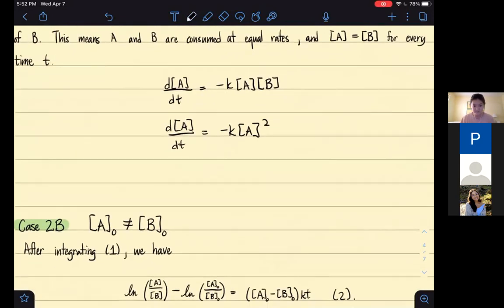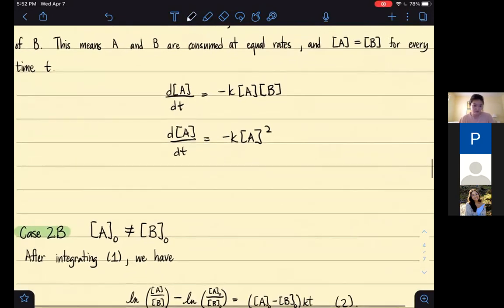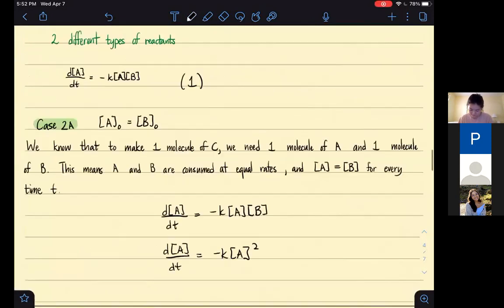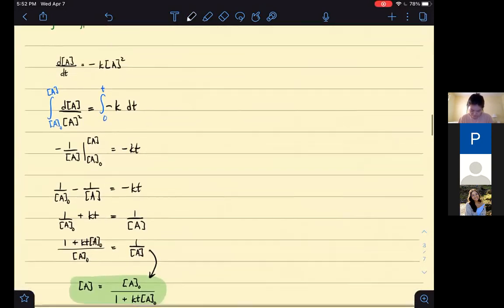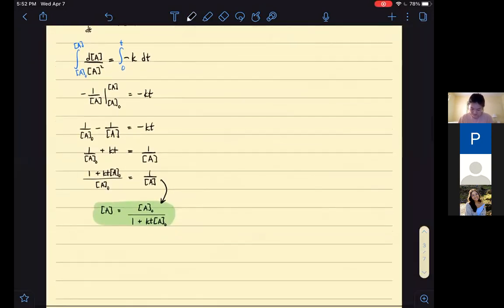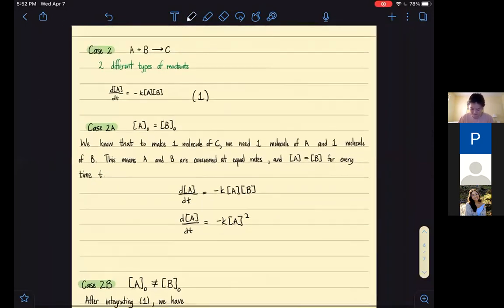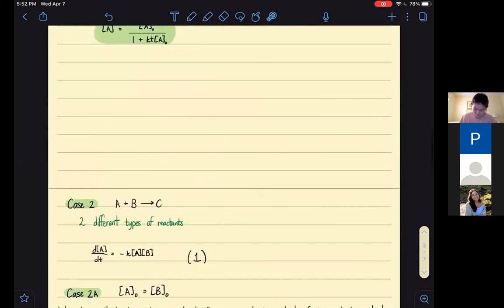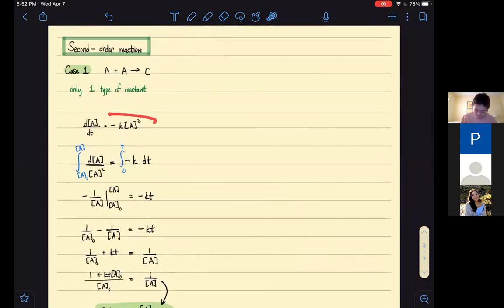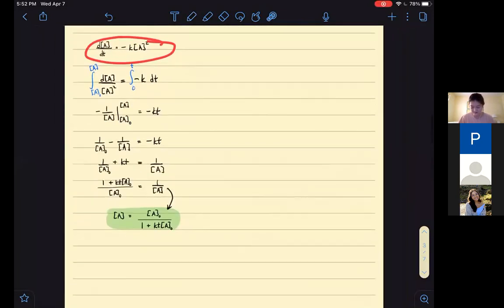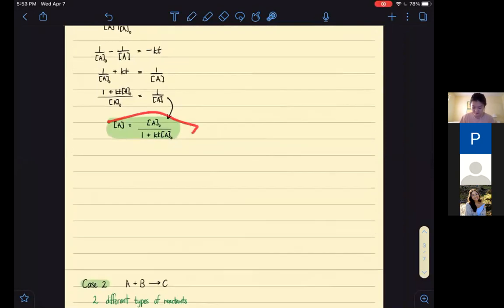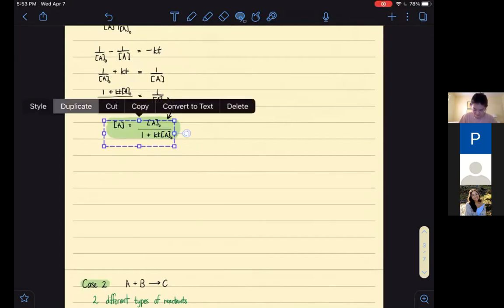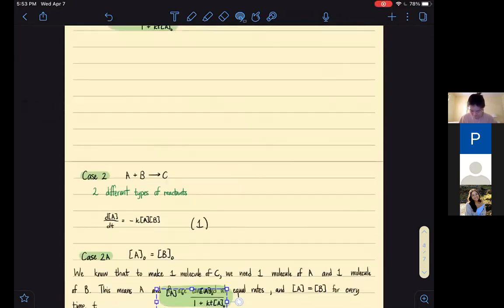And then this should be the same as case 1, right? Because this term looks the same as this expression. Yes, so again, we will get this equation. So I will just steal this and move it over.